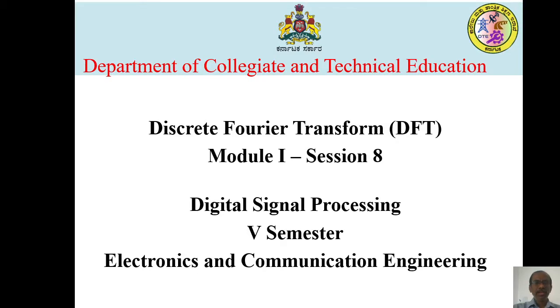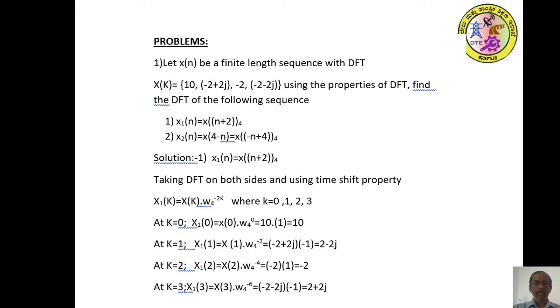Welcome to session 8 of module 1, discrete Fourier transform, in the subject digital signal processing for 5th semester electronics and communication engineering. In our previous classes we were discussing what is discrete Fourier transform, how you convert time domain representation to transform domain representation, how DFT is different from DTFT, and we solved some problems for 4-point.